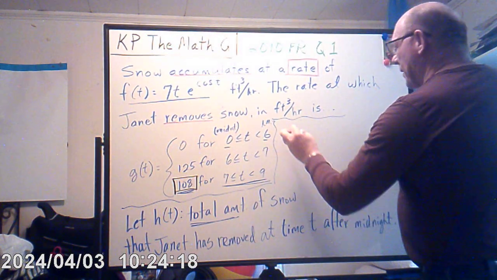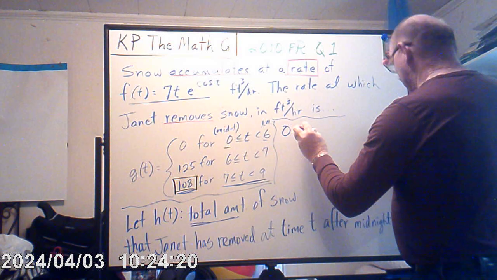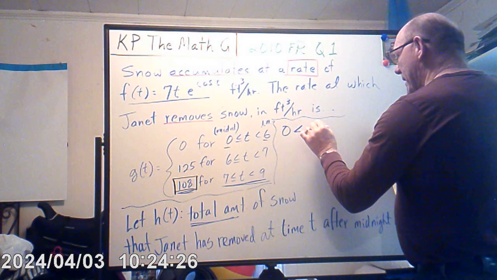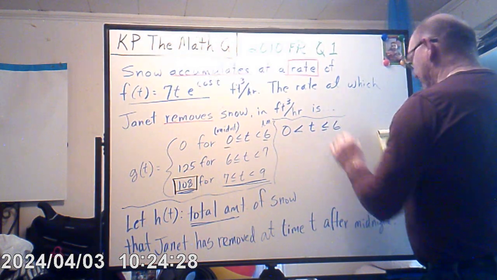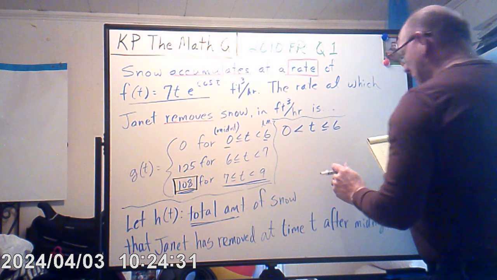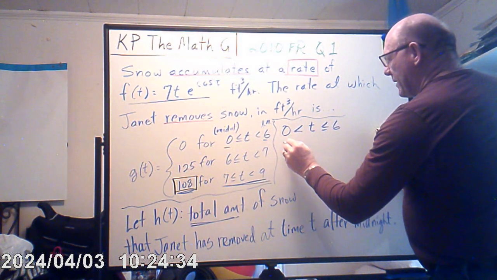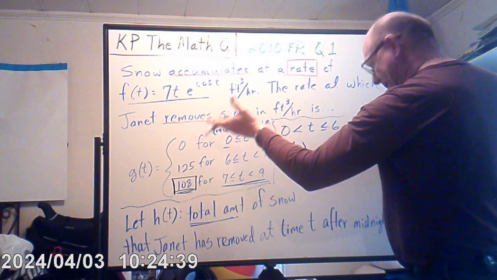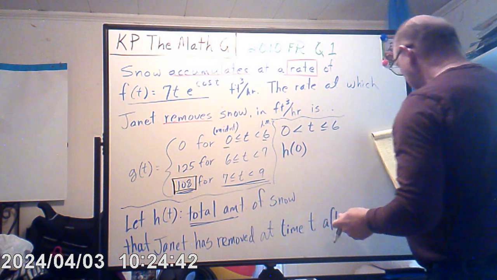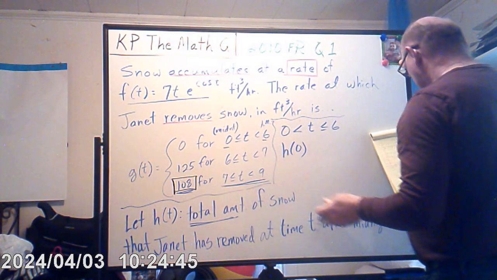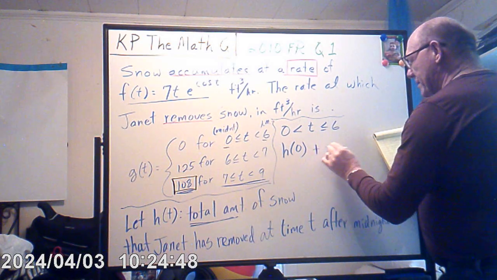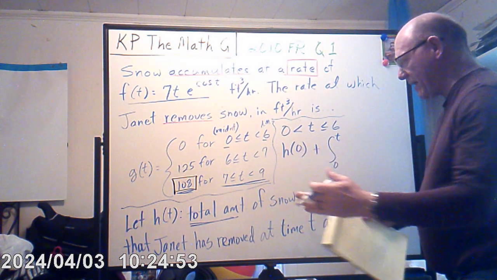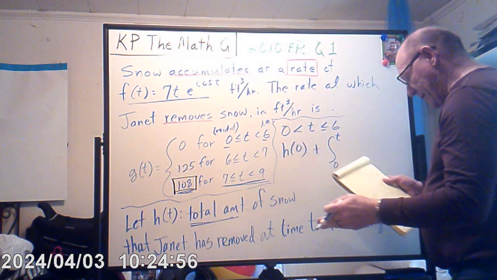So when we're talking about t being between 0 and 6, for that we have h at 0, which we already know is 0, because she hasn't removed any snow yet. Plus, we're integrating from 0 to anywhere time t in here. Did she get any snow off?